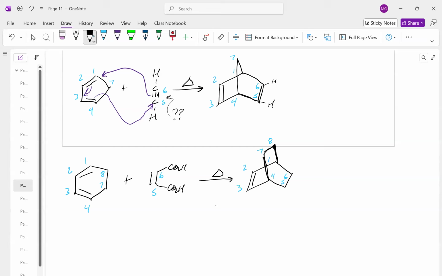Now let's deal with carbons 5 and 6 because there's a couple groups on there. Notice that this is a cis dienophile. And I want to draw them, since there's substituents there, to emphasize the endo product if possible. So I'm going to put one of those CO2H's down here, like this. And that means the other CO2H group has to go here, like that.